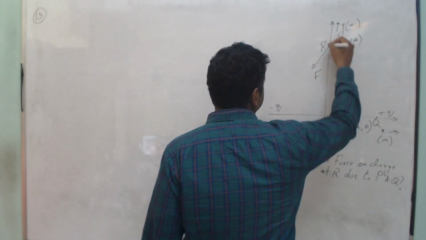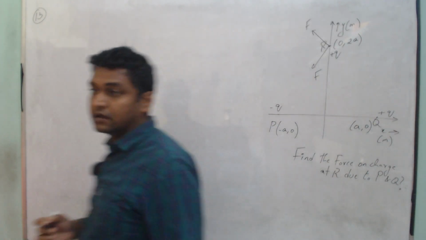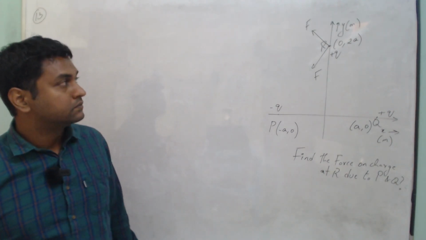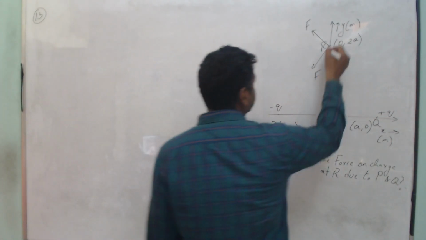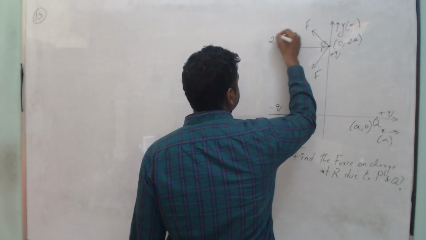So I'll write this is F and this is F, right? Resultant is towards the minus i cap, and that is, let us say, 2F.